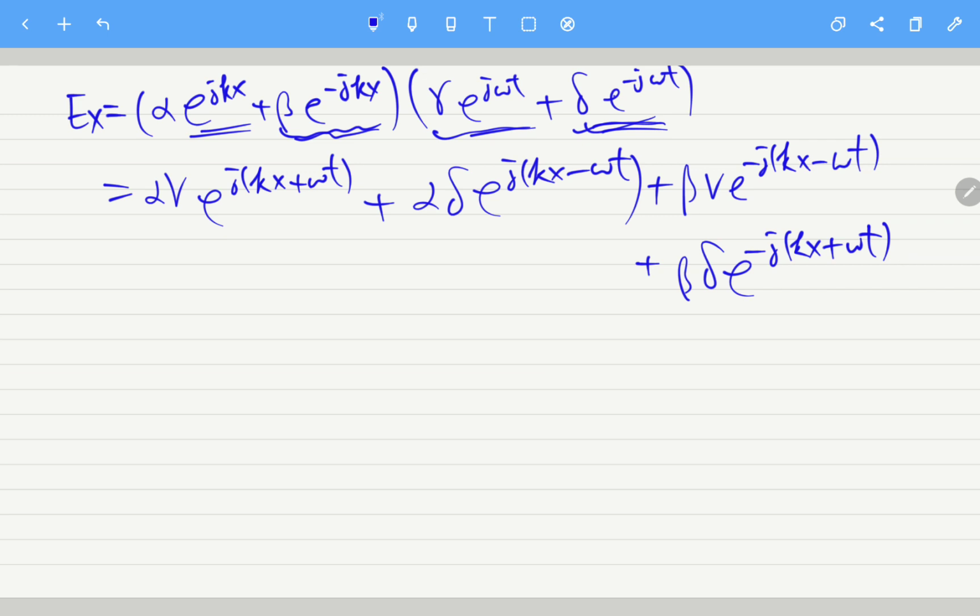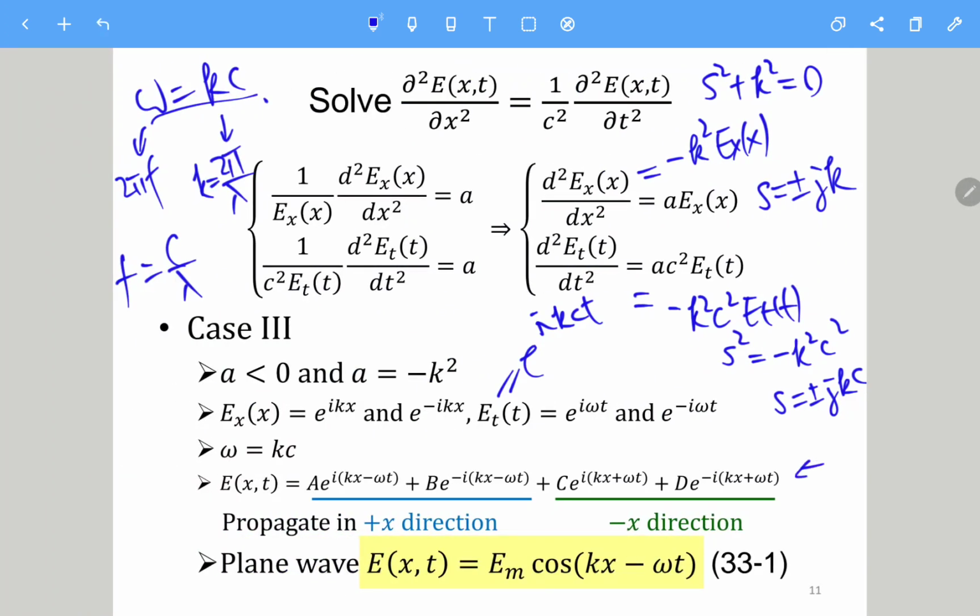So we have these four terms, so maybe we can just replace these as a, b, c, d, then we will get this expression.